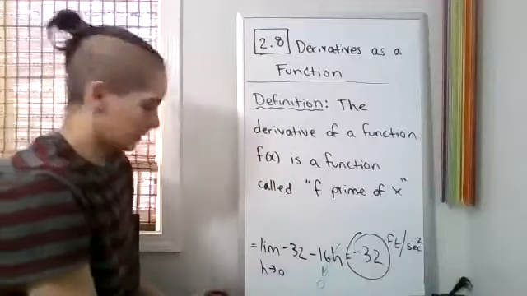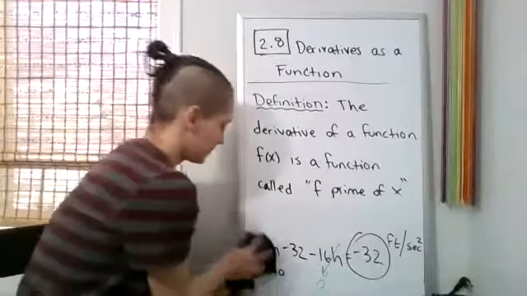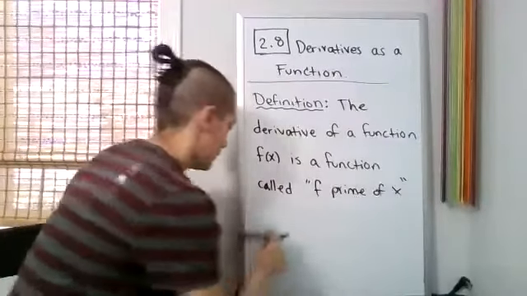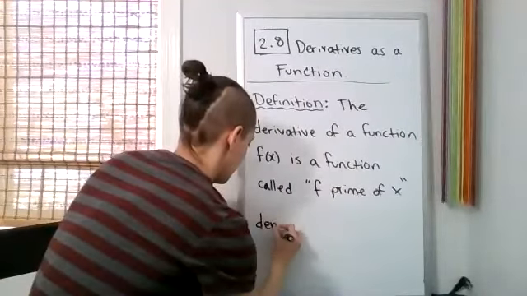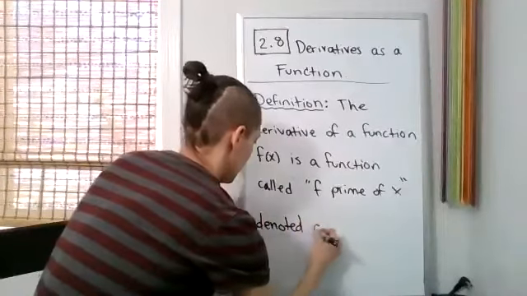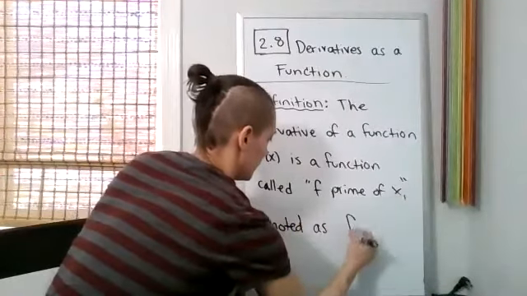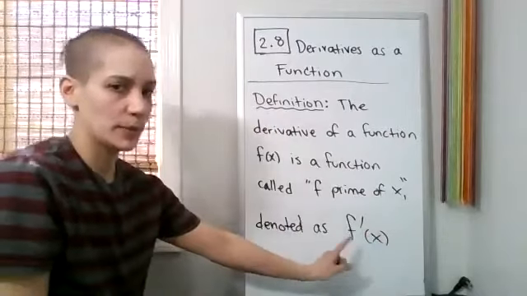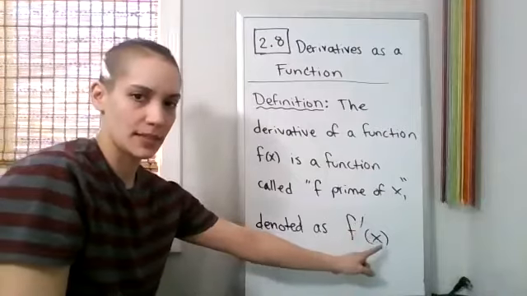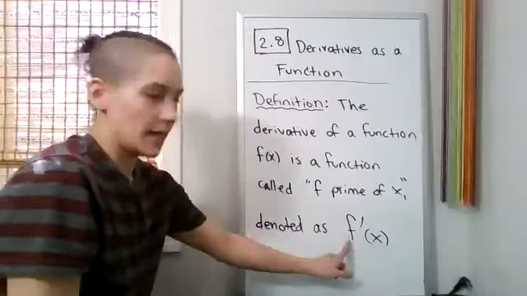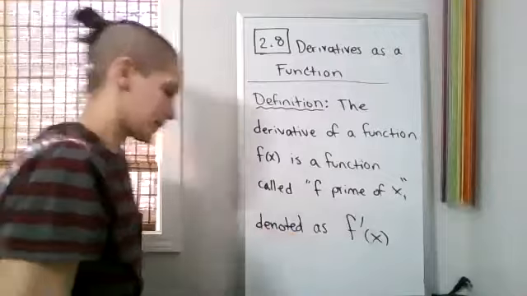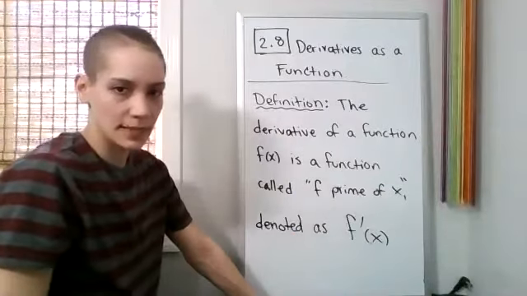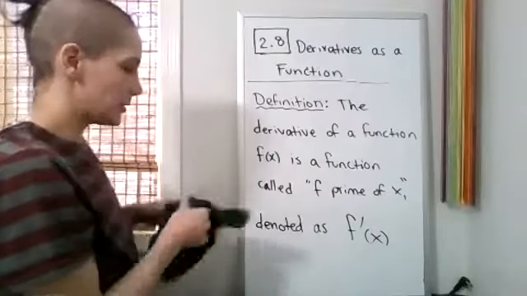Okay, it's written like this. All right, so denoted. I don't know if you've seen this before, but f prime of x. It's a formula we've seen before.